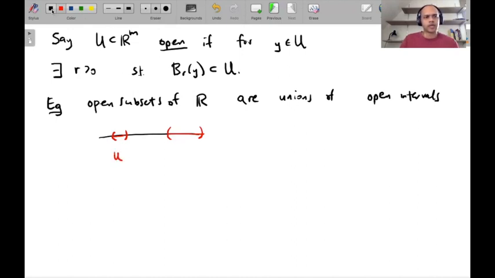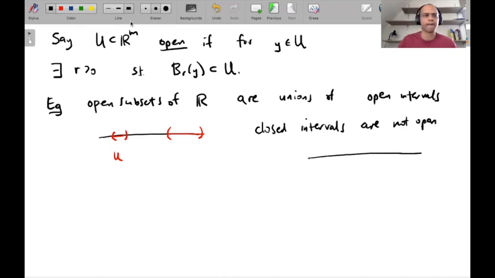And on the other hand, closed intervals are not open, as the terminology suggests. Although you have to be a little careful.